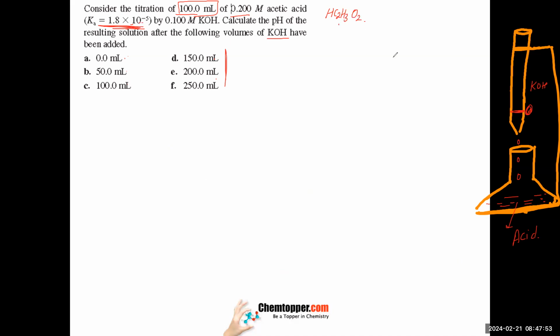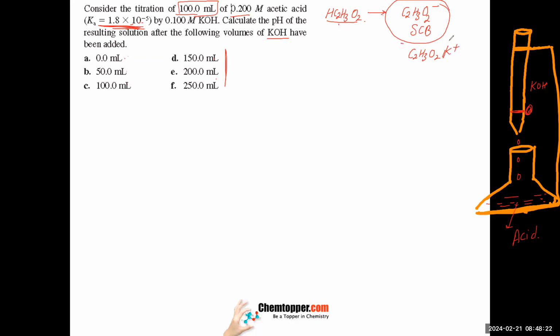It's a weak acid. What is its conjugate, children? Its conjugate will be a strong conjugate base, stronger than water. So who is going to control the pH when the KOH is 0, when you have only this salt in this flask?